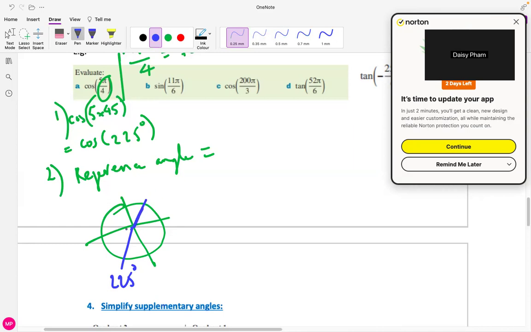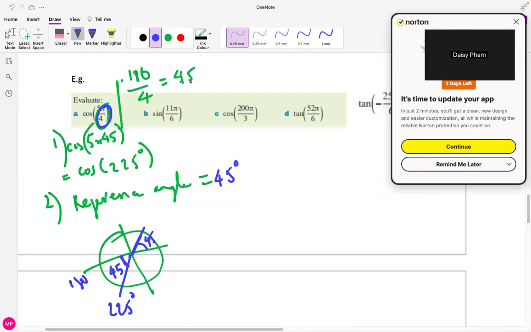You can see this is how much is left over from 180 to 225, so 45 degrees. So the reference angle is 45. The quicker way to do it is to take away pi over 4, which is 45 degrees.